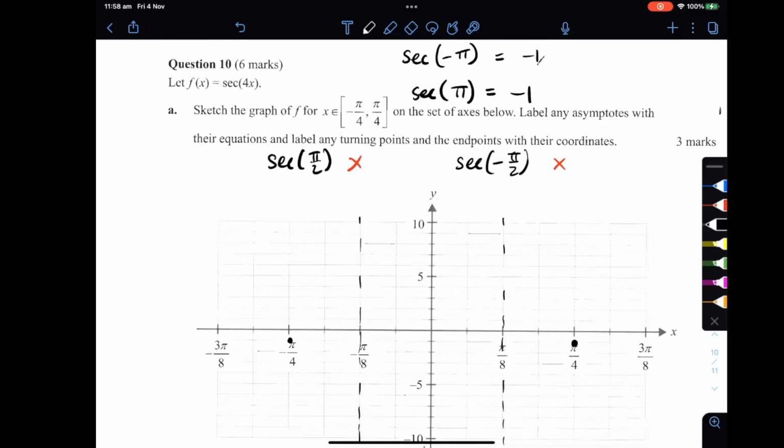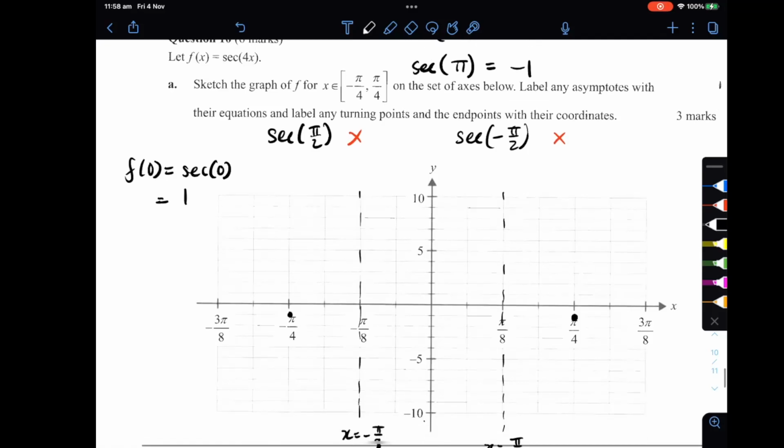Okay, and another thing we could do here is we could try and sub in 0. So secant of 0 is 1 over cosine of 0, which is 1. So that there is our point, 0, 1.